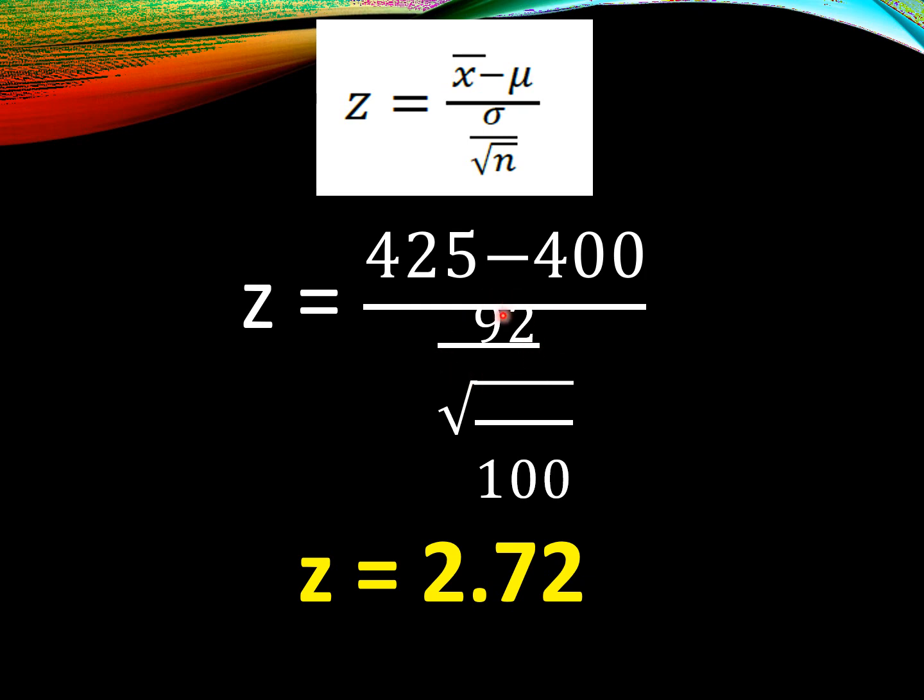That's why we have 92 here, divided by the square root of 100. The 100 is inside our radical symbol. So in simplifying, we will get 2.72. Always round to the nearest hundredths, okay? So the test statistic, the z value, is now equal to 2.72.